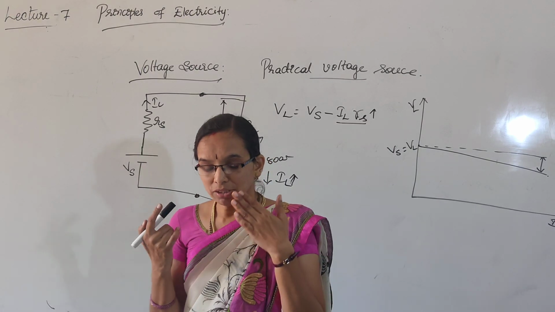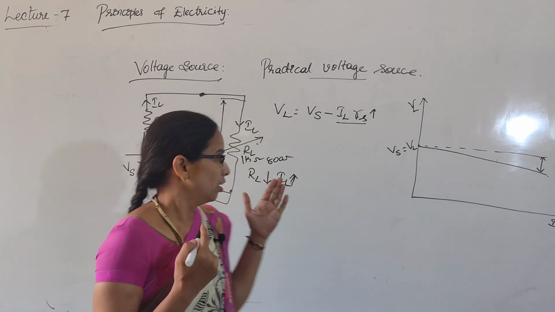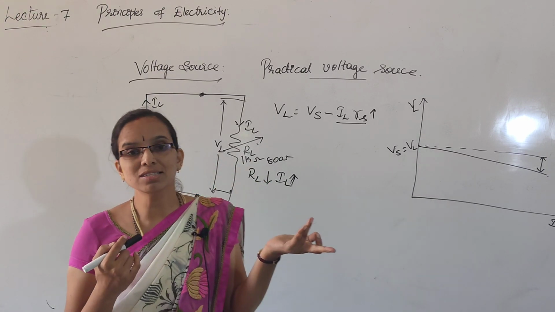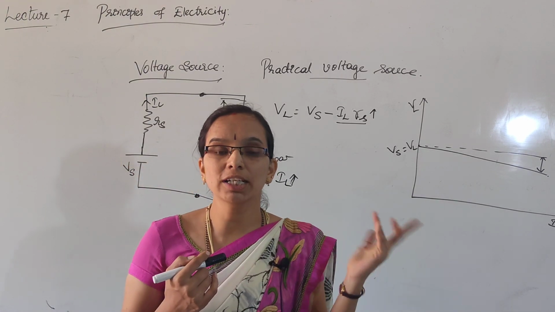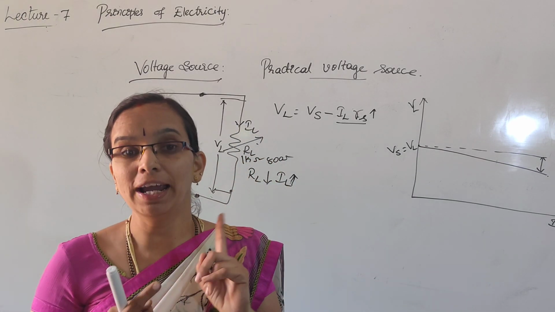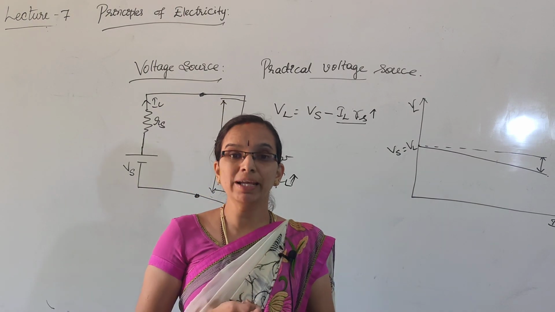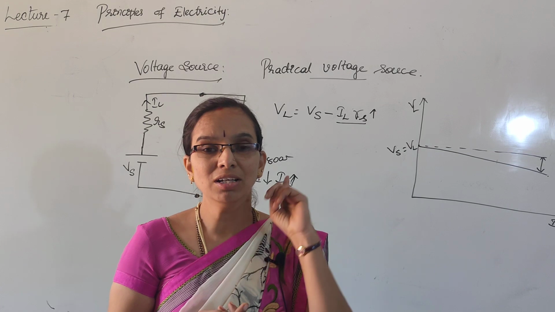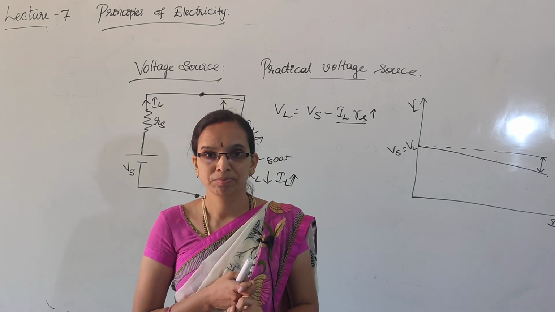So what we observe is, if the load resistance is varied, the terminal voltage will be varied, right? In case of an ideal voltage source, it will supply constant voltage regardless of the load resistance variation.